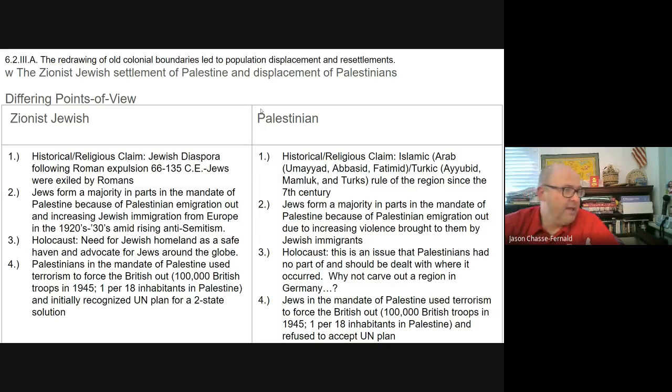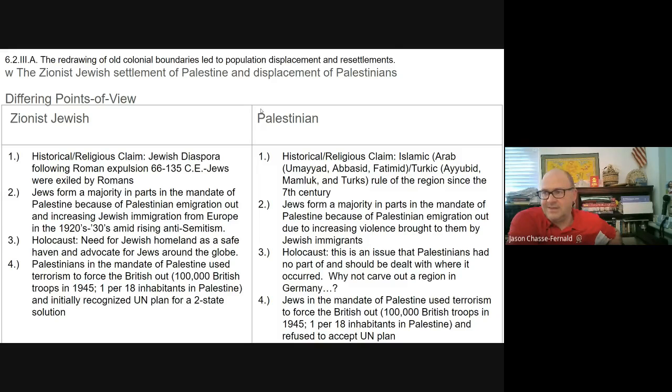And the Palestinian perspective on this is not necessarily that they disagree that there should be a Jewish homeland. The question more is why in Palestine? This is an issue that the Palestinians had literally nothing to do with.